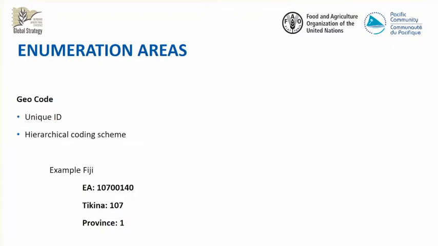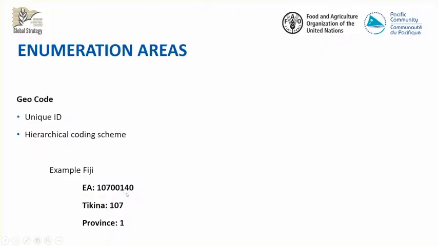Then the codes: we need a unique identifier for the enumeration areas. We need those codes to follow a hierarchy, better if we use the administrative level code hierarchy. So we go island 1, district 1, village 1: 01, 001, 0001, and then EA. In the example of Fiji, we have an EA which is 107.00140, which is in Tikina 107.